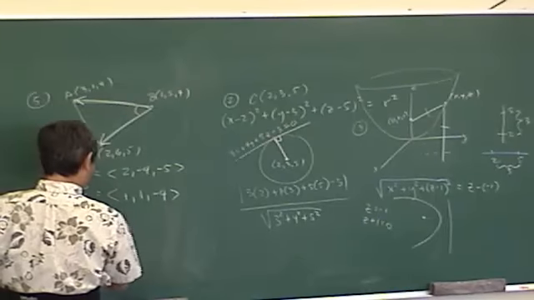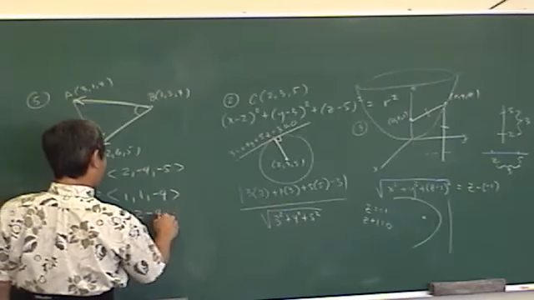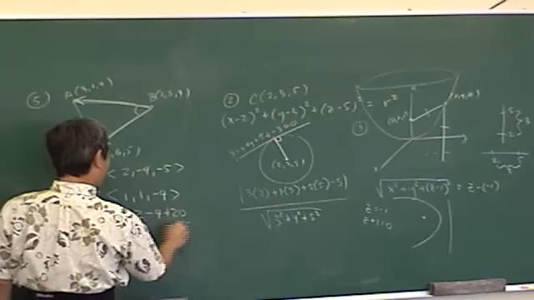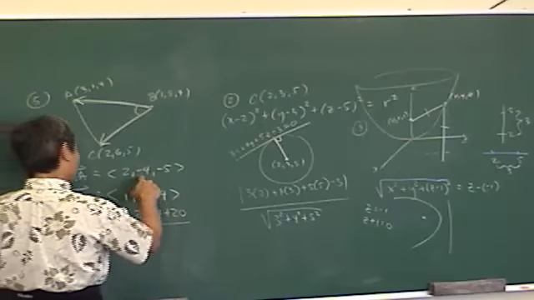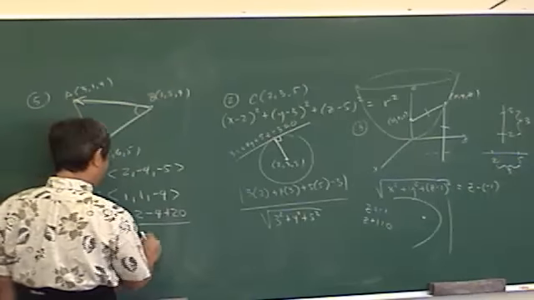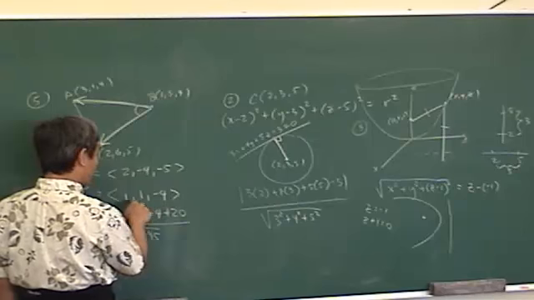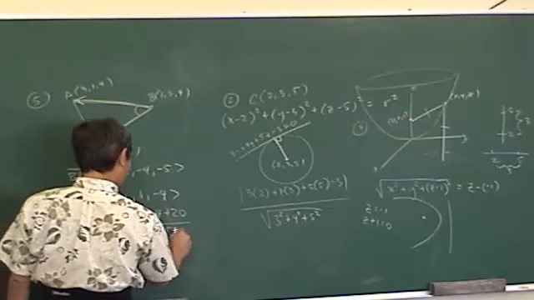The cosine of the angle is equal to the dot product, so multiply the x components, multiply the y components, multiply the z components, add them together, all over the length of this vector, root 45, and then the length of this vector, the square root of that squared plus that squared plus root 18.